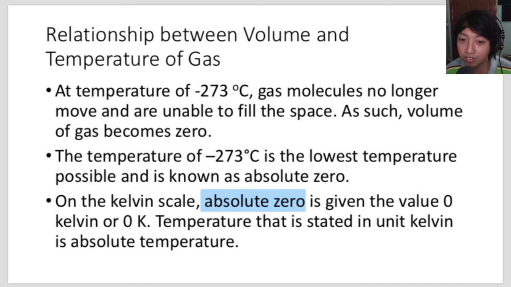So that's why there's no such thing as negative Kelvin, and why we call it absolute temperature. When I say 0 Kelvin, it really starts from zero. Unlike Celsius, where at zero Celsius you can still continue to go colder, or 0 Fahrenheit, you can still go colder. 0 Kelvin, no, you cannot go colder than that.